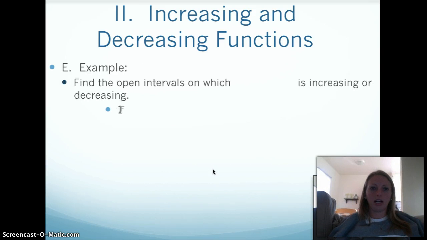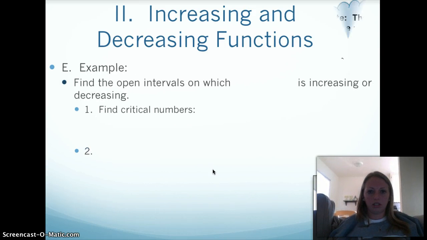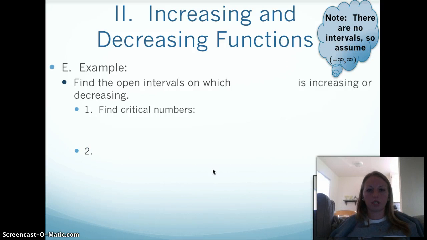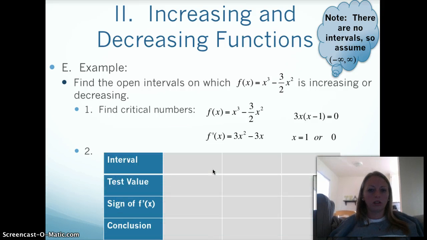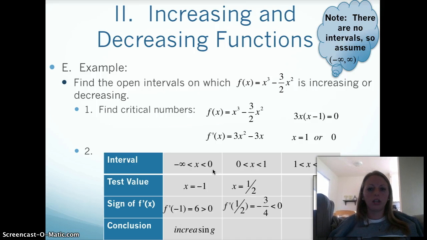This did not come in the right order, I'm sorry about that. So we can tell where it's increasing and decreasing.